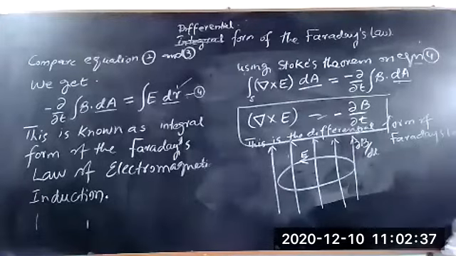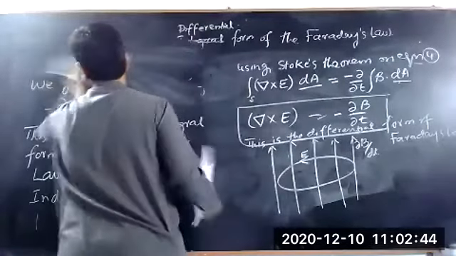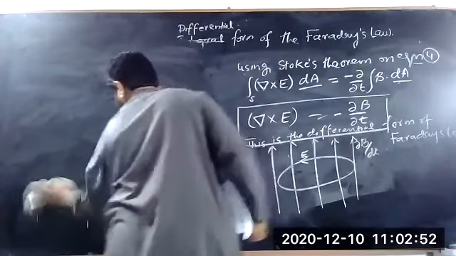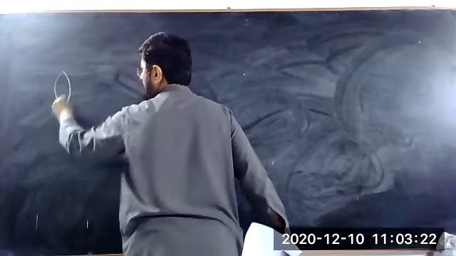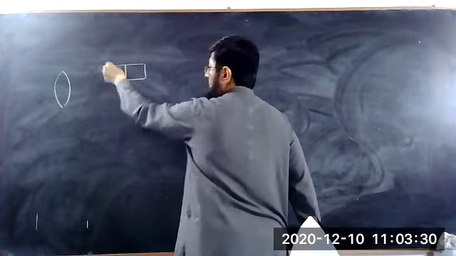For example, let's say this is the coil, or instead of a coil, a wire, and this is the magnet, north pole and south pole.